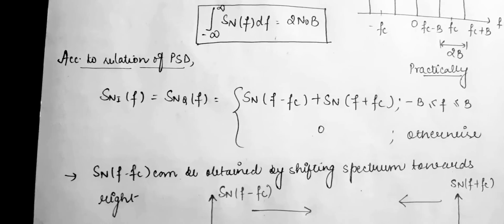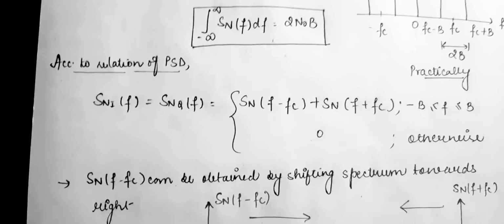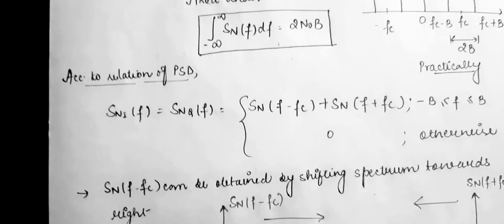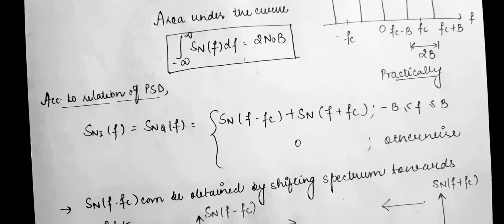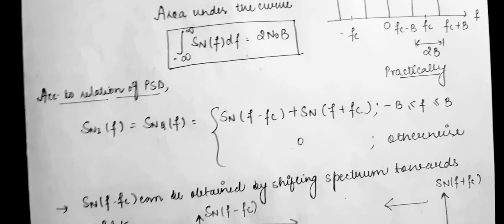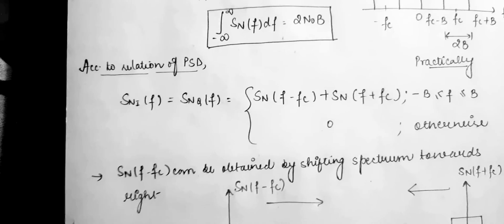Now according to the relation of power spectral density, S_NI(f) equals S_NQ(f), that is both are identical. So S_N(f minus f_c) plus S_N(f plus f_c) having band limited minus B to B, or 0 otherwise.